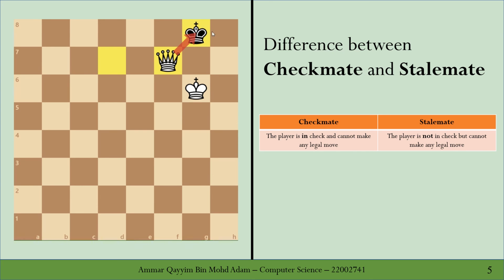The king will reply with h8, and we just move queen to g7, and this will be a checkmate. What would be a stalemate is when we move queen to f7 and the king moves to h8, and we move our king to h6, and this will be a draw, which you call a stalemate.